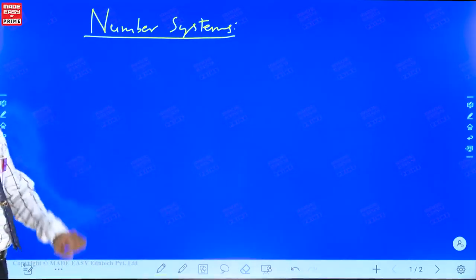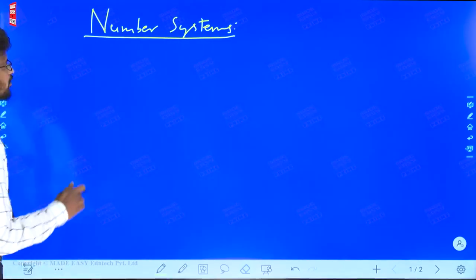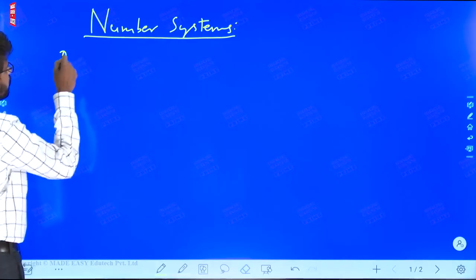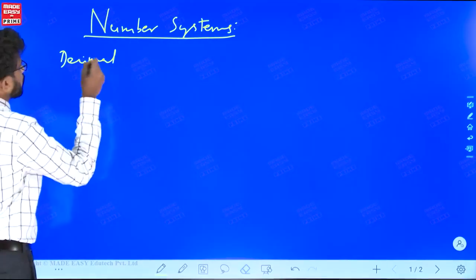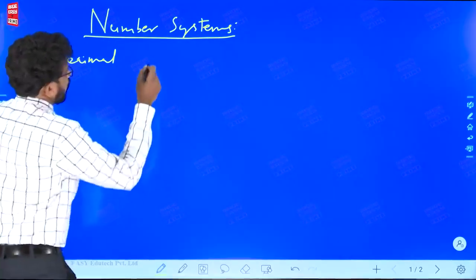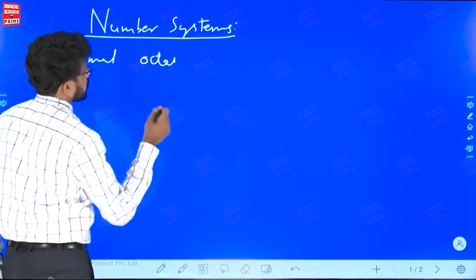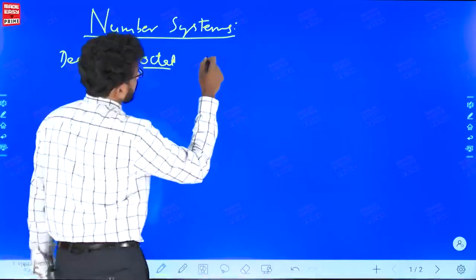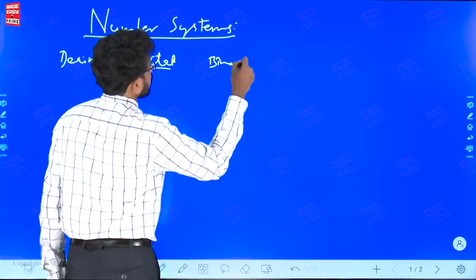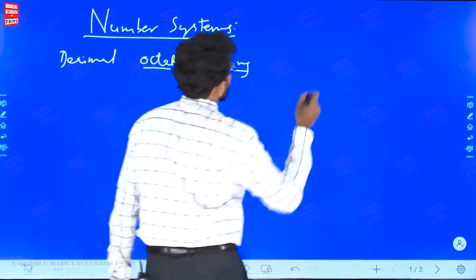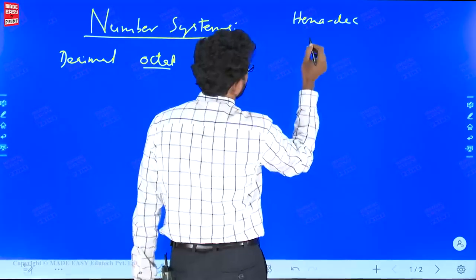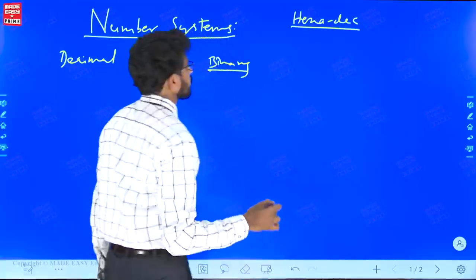So there are different kinds of number systems. For example, you know the decimal number system, octal number system, binary number system, and the other one is the hexadecimal number system.